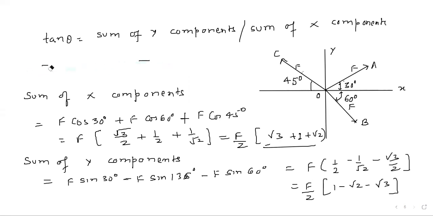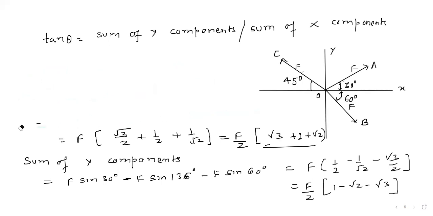So tan theta equals, the F by 2 will cancel out, 1 minus root 2 minus root 3 divided by root 3 plus root 2 plus 1, so theta equals tan inverse of this value, and that is our answer. Consider the next question.